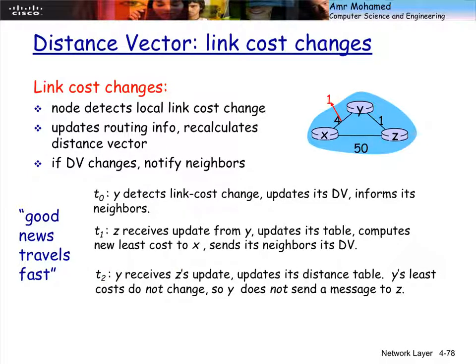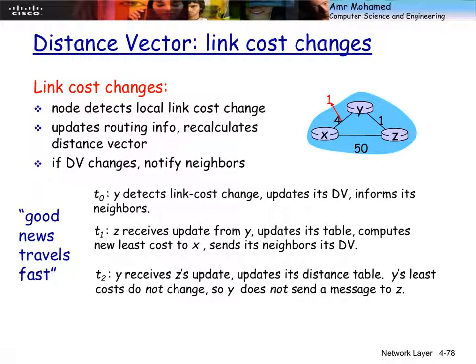At time t2, Y receives Z's update, because Z finds that the cost to X has changed. So Z will send to Y, and Z will send to X. Y updates its distance, and Y's least cost doesn't change, because Y will find that the cost to Z is either 1 or 1 plus 50.